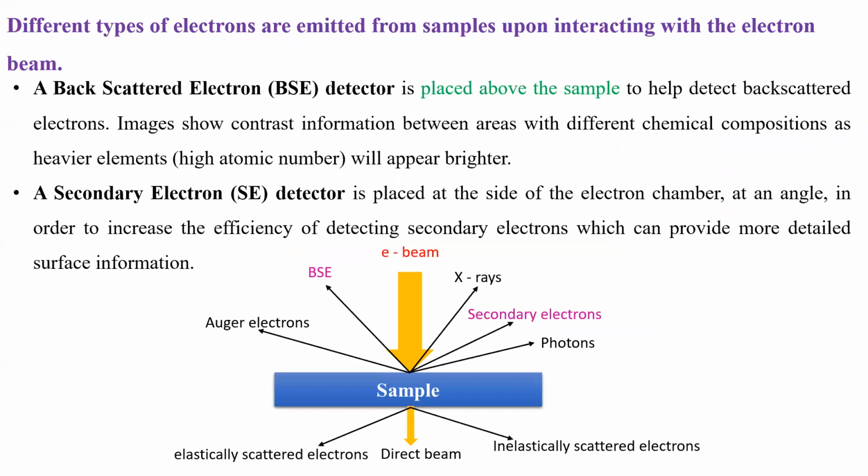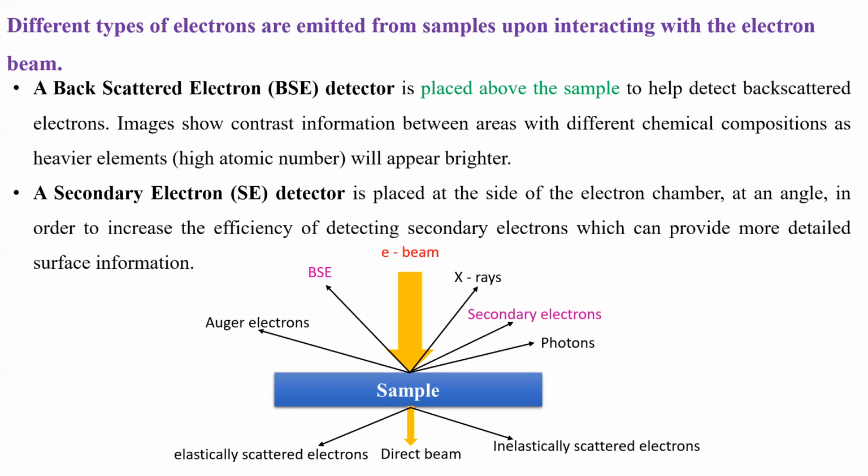When the high energy electron beam interacts with the sample, it emits certain types of electrons and signals: X-rays, secondary electrons, photons, backscattered electrons, Auger electrons, and some electrons may transmit through the sample, which may be inelastically scattered electrons and elastically scattered electrons.